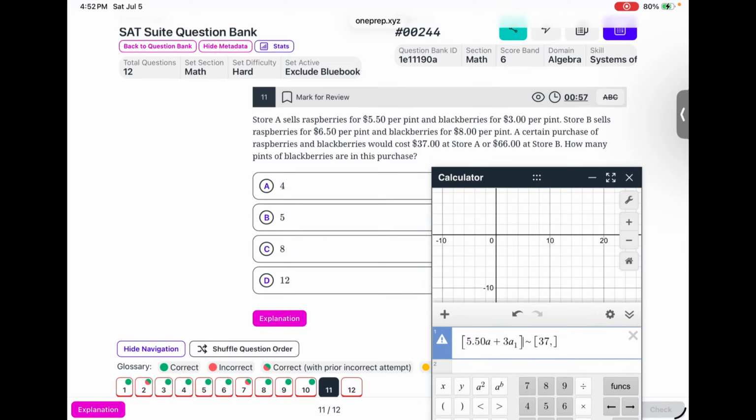No wait, it's the same purchase of blackberries and blueberries, which means, so instead of A, let's use R here.